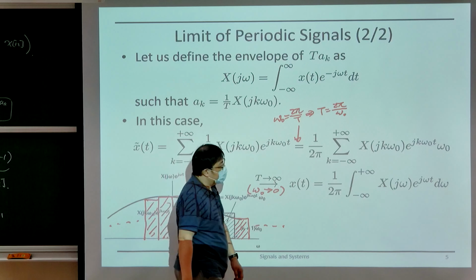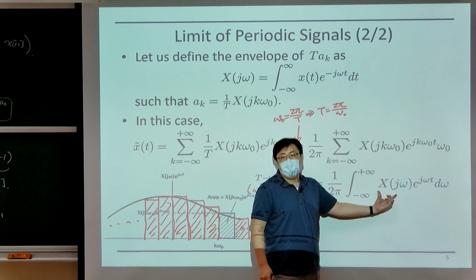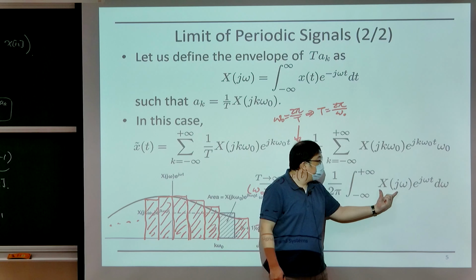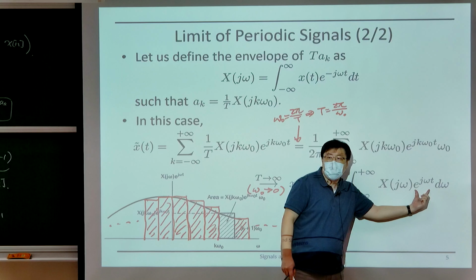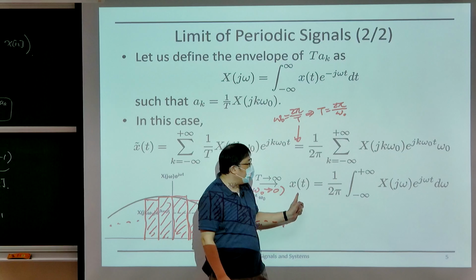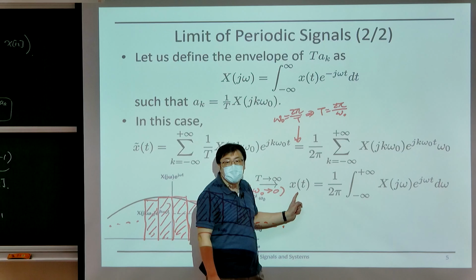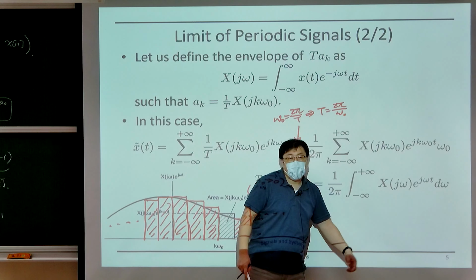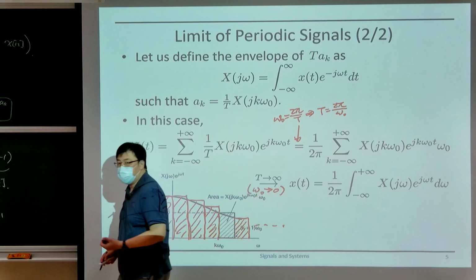And this X of j omega then specifies how much of this frequency component is contained in the signal x of t. So therefore, we refer to this X of j omega as the spectrum of the signal.